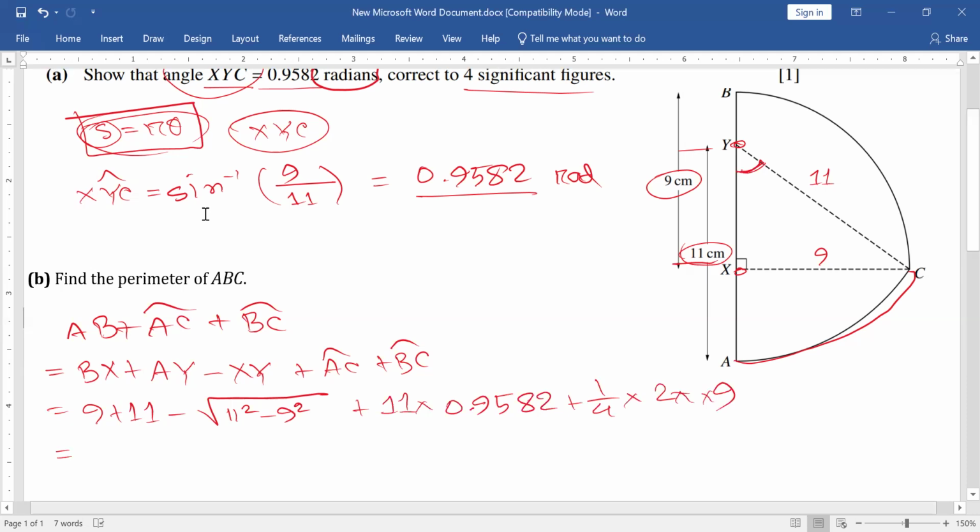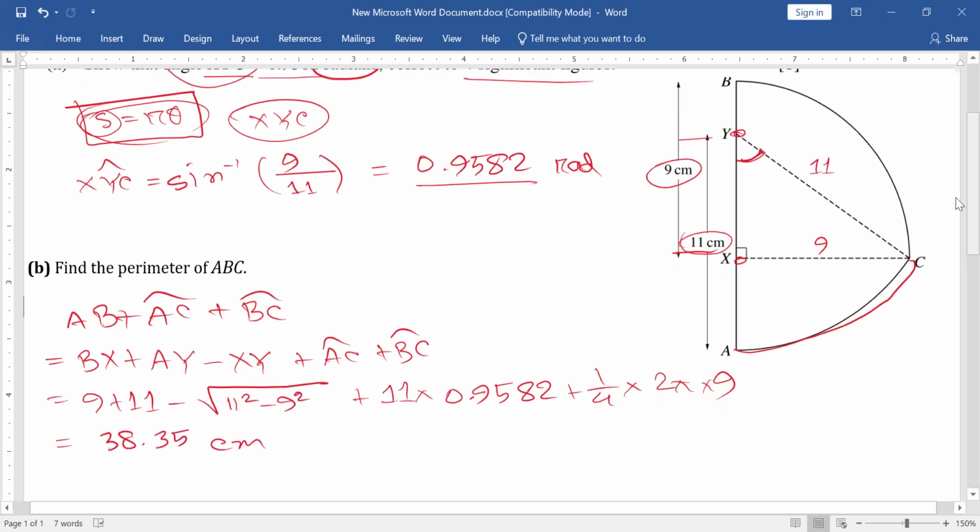Just calculate this using your calculator. We get 38.35 centimeters.